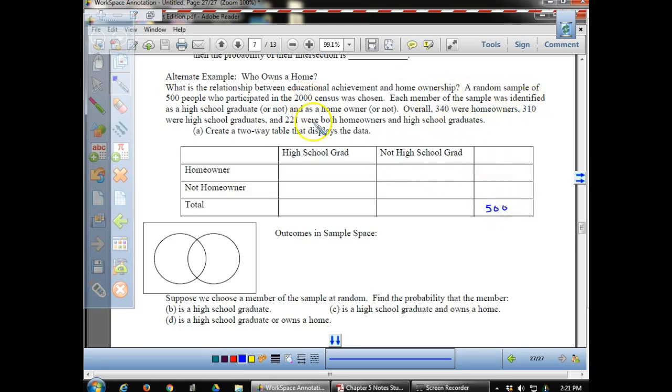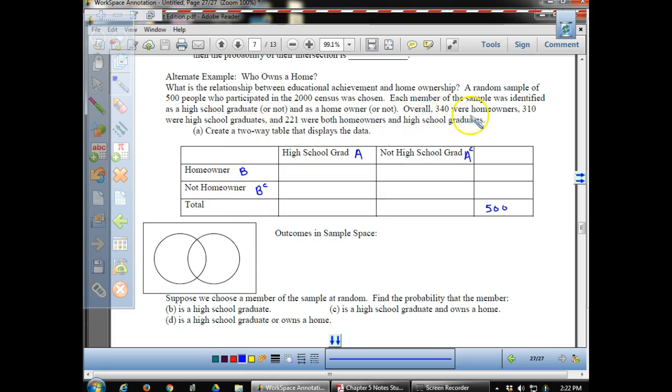Each member of the sample is identified as a high school graduate or not, and as a homeowner or not. So let's call high school grad event A, and not high school grad we'll call A complement, because if you add them together, you're going to account for every member of the 500 in the sample. Homeowner, let's call this event B, and not homeowner will be the complement of that.